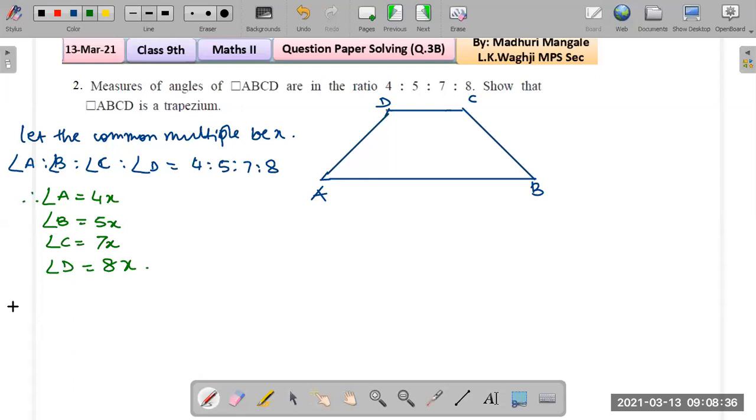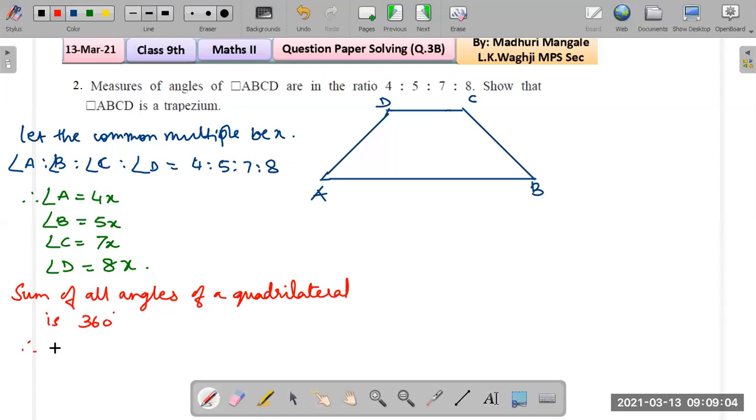Then we use the property of a quadrilateral. For any quadrilateral, the sum of all angles is equal to 360 degrees, right? So we just write it out like this over here. Sum of all angles of a quadrilateral is 360 degrees.